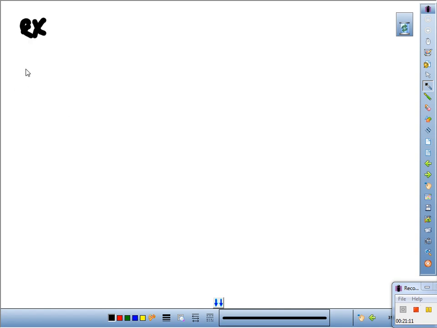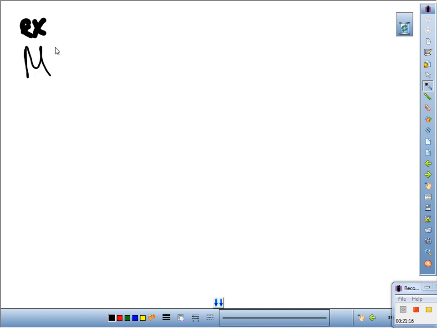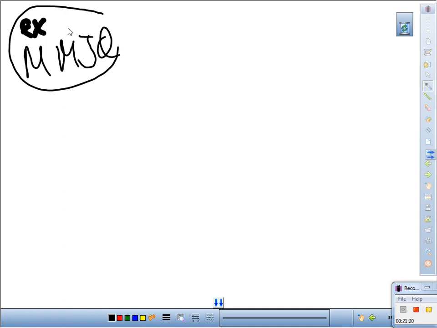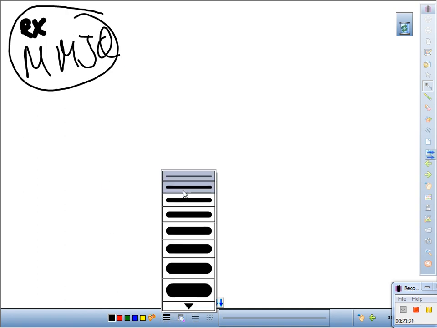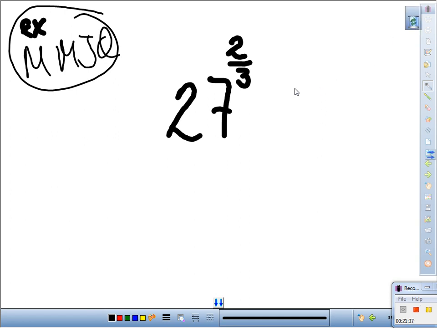Oh, yes. Example. Mega Michael Jordan cube. Here we go. Let's do 27 to the 2/3 exponent. Okay, writing utensils down. Right away, you guys notice something different, right?